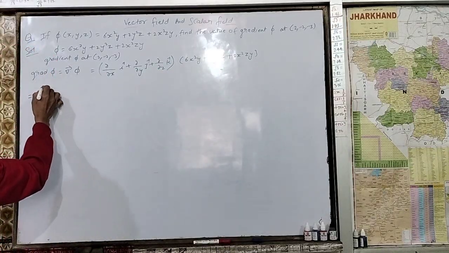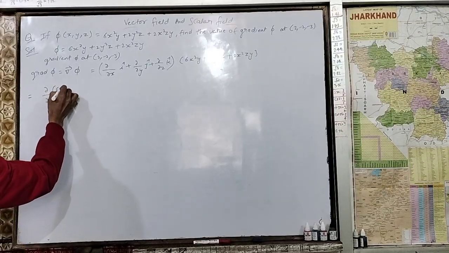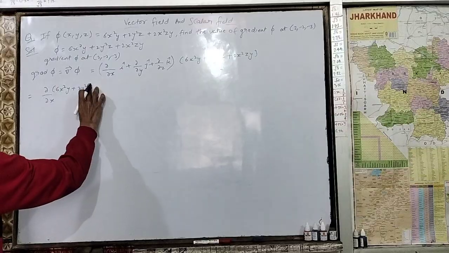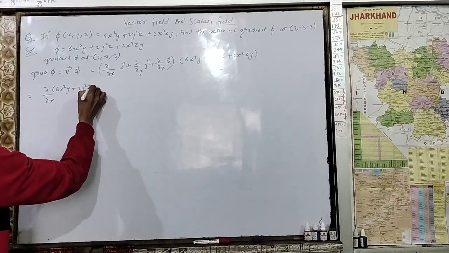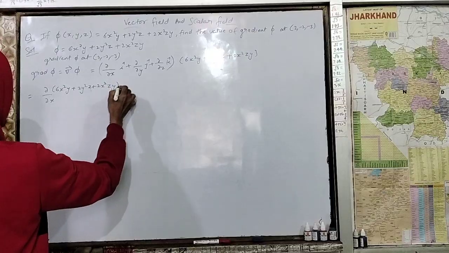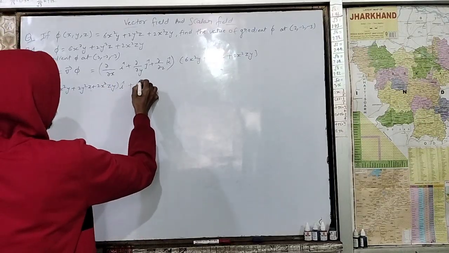Okay, third term. D upon dx of 6x square y plus 2y square z plus 2x square zy I cap. Okay, no problem.